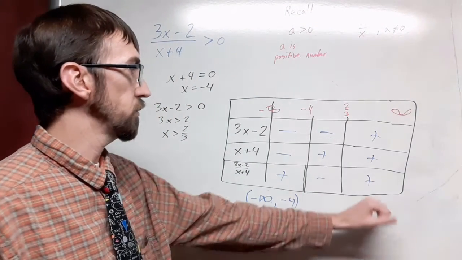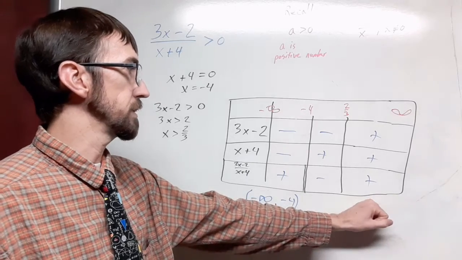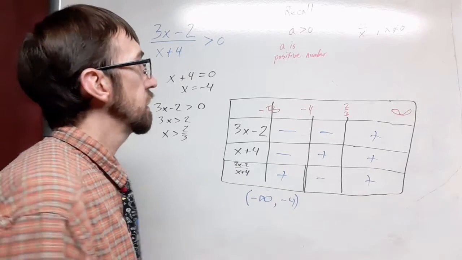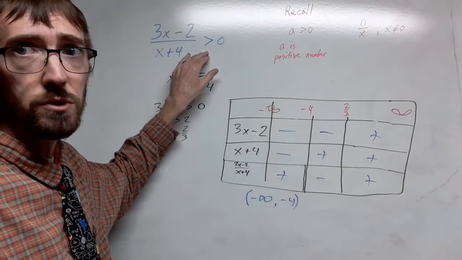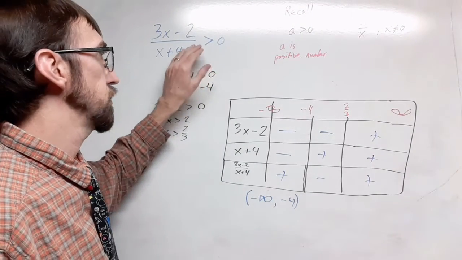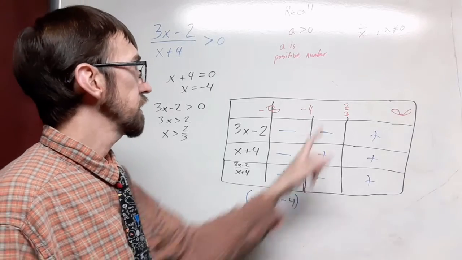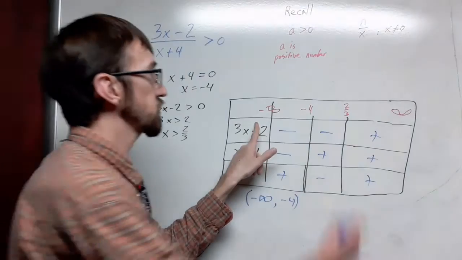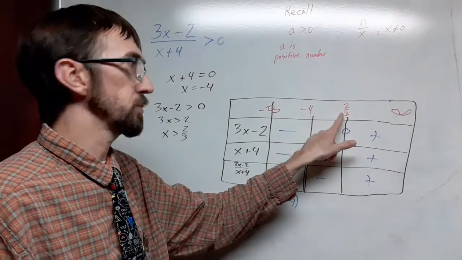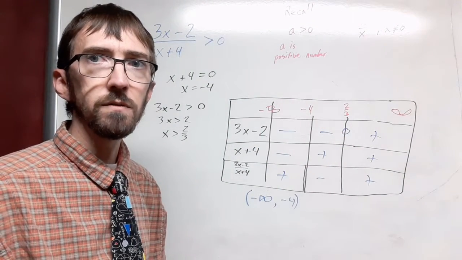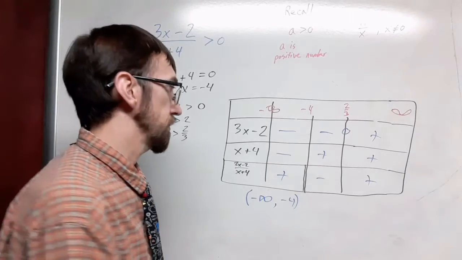Now I also have the interval over here of the positive. And since this is not greater than or equal to, any place that it's a 0 is also not in the domain. If I plug my 2/3 into this first one, I would get a 0 here. And so we don't include 2/3 as a part of this domain either.